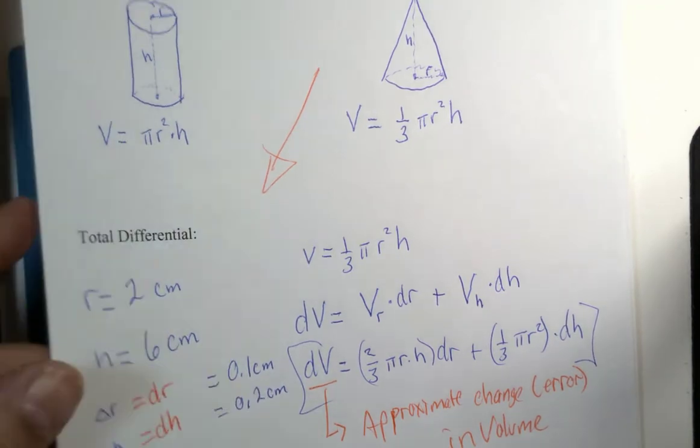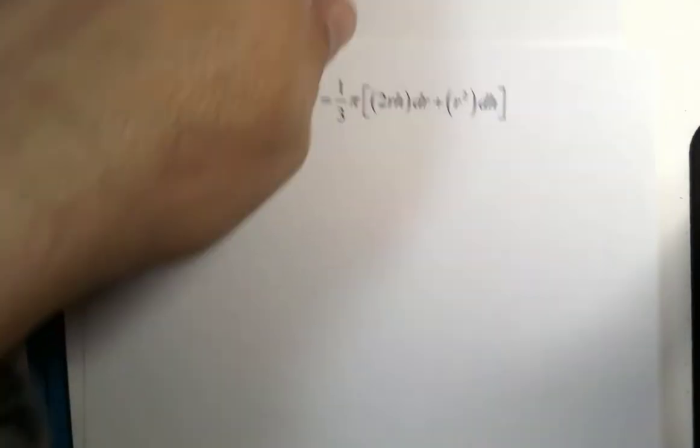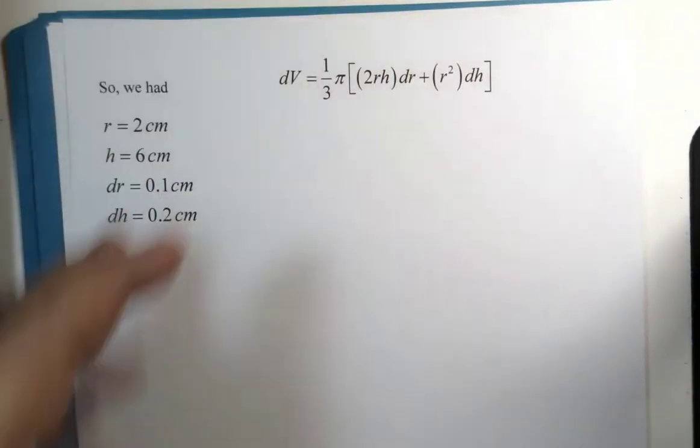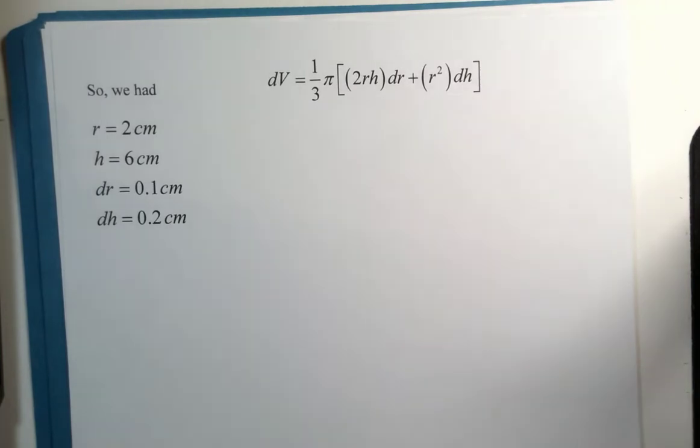Here we go. I'm going to go ahead and factor something out of our algebra, the 1/3 pi, just to make it easier to read and write this expression.